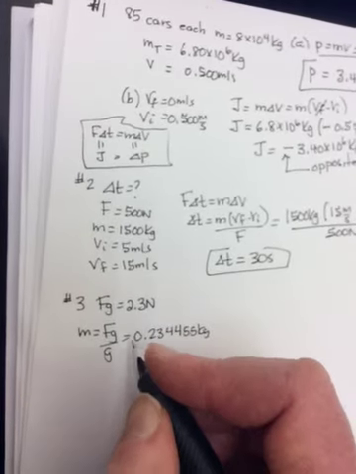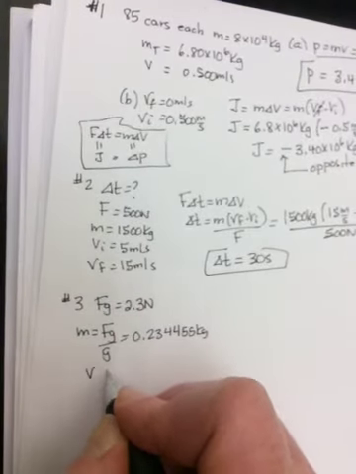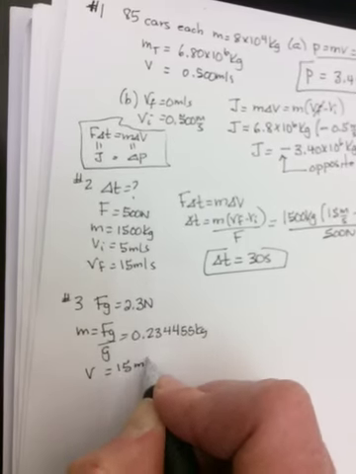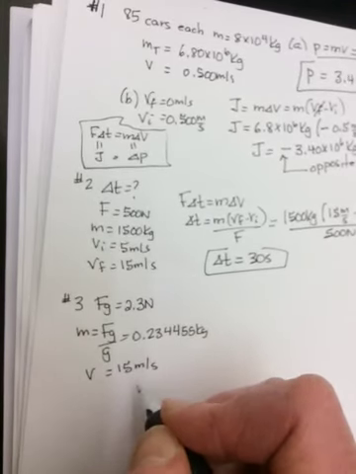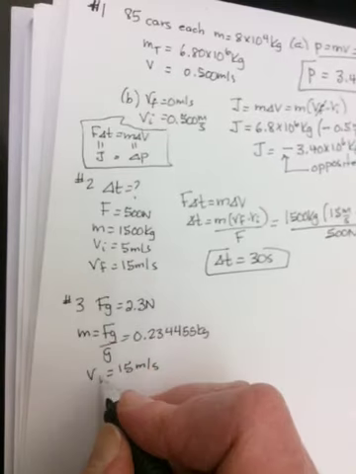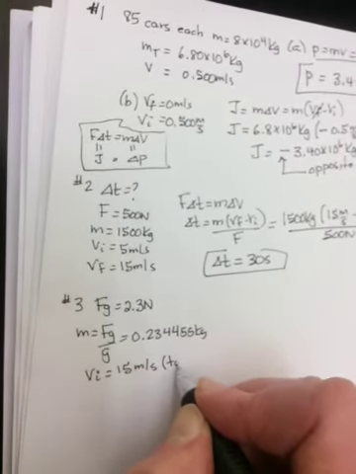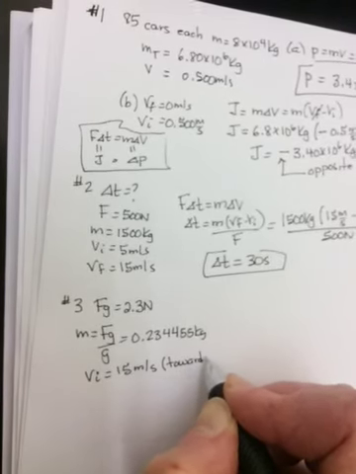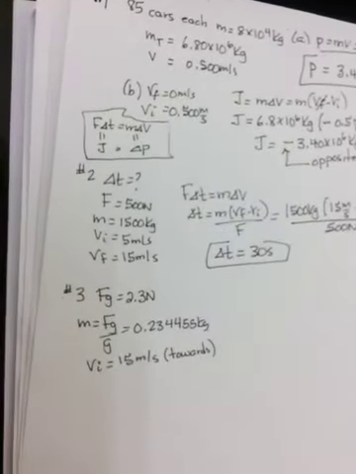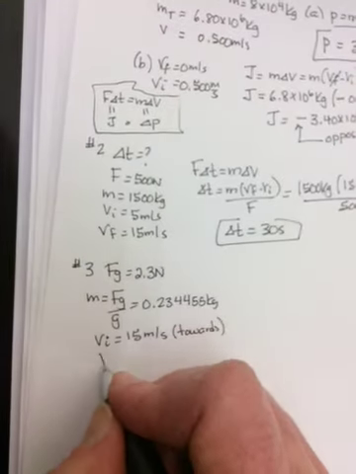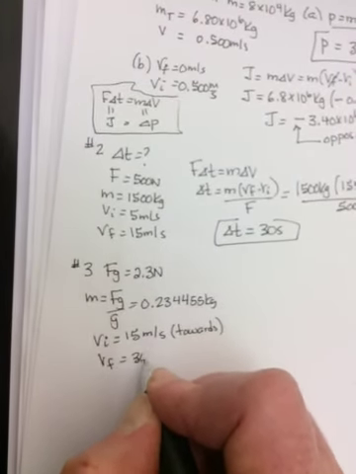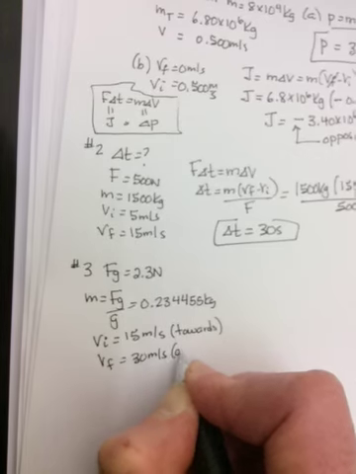So a ball that weighs that has a velocity of 15 meters per second. So V is 15 meters per second when it is hit by a bat, causing it to move in the opposite direction. So this is VI, okay, and it would be coming towards the person. Hit by a bat, causing it to move in the opposite direction, VF, 30 meters per second, and that would be away from the batter.